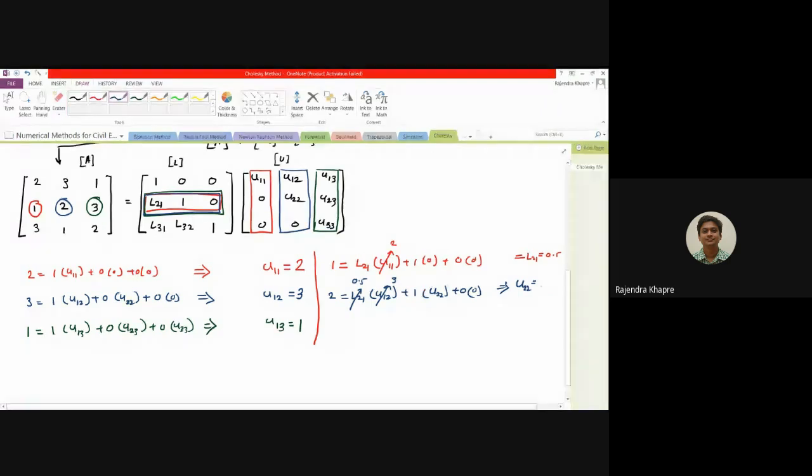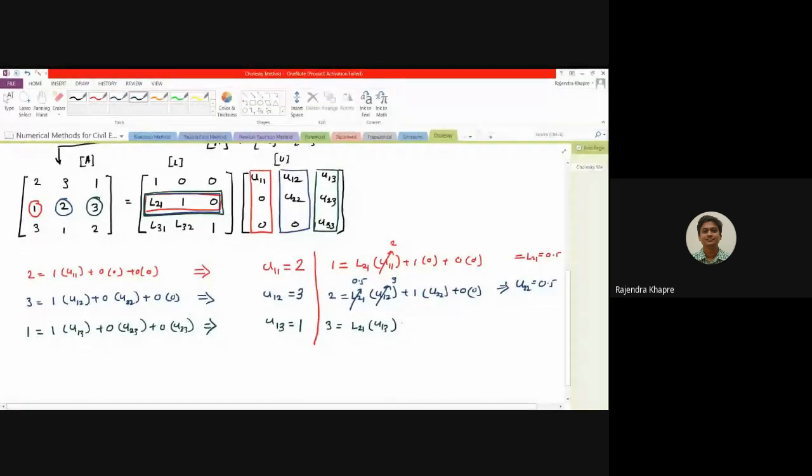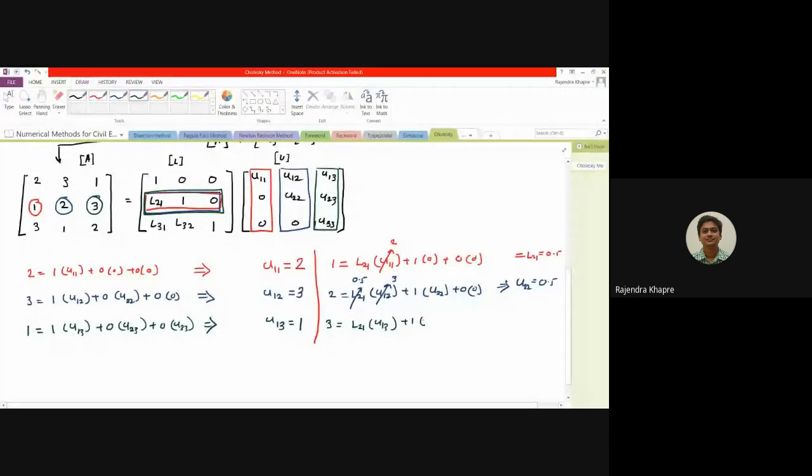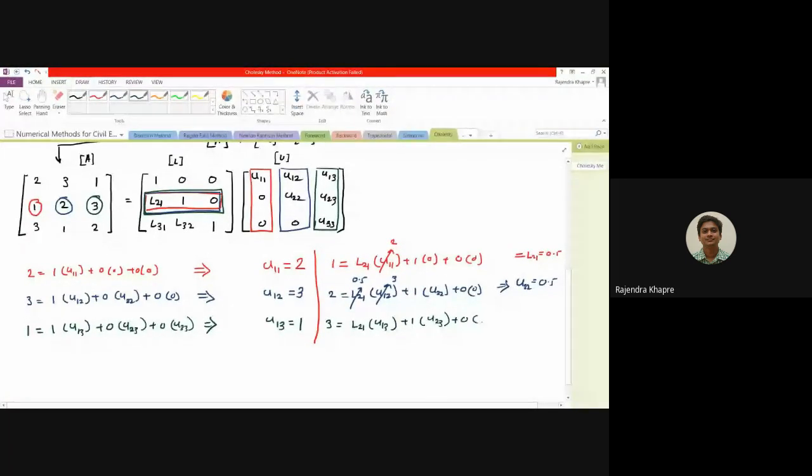Fine. So I was talking about the 3 term. This value is basically 3. And 3 can be calculated as L21 multiplied by U13. Plus 1 into U23 plus 0 into U33.